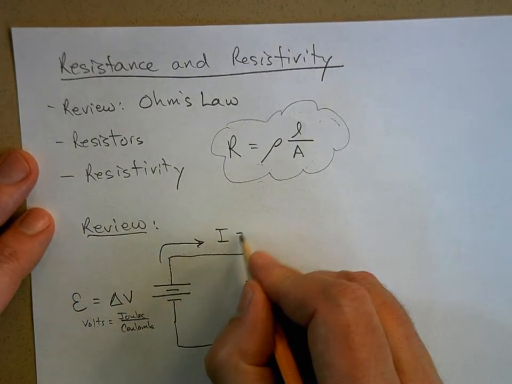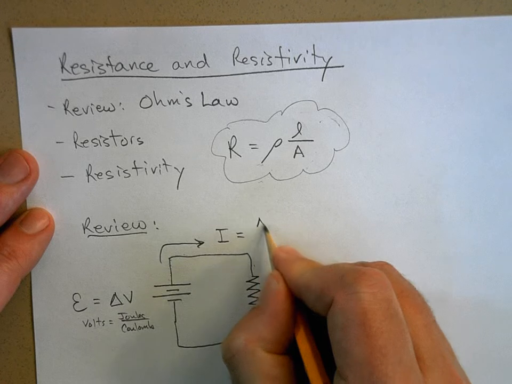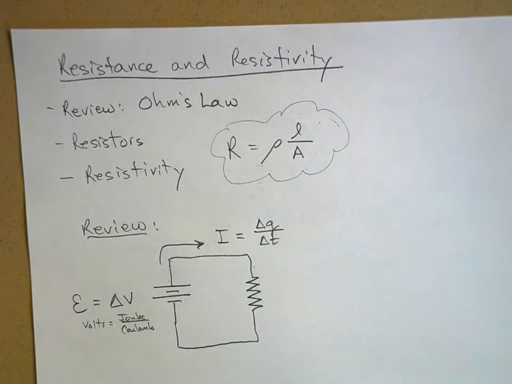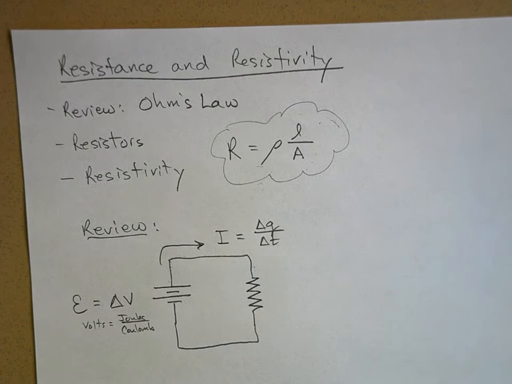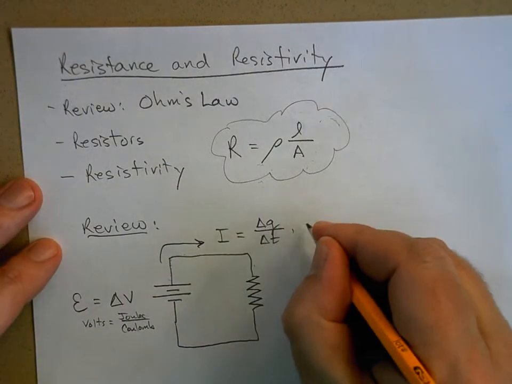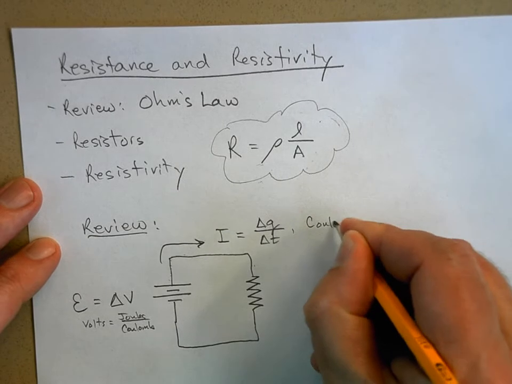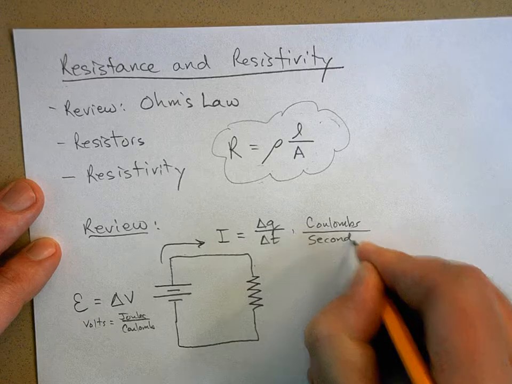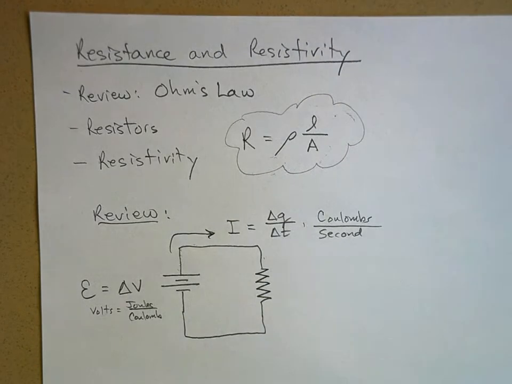And the current, well, that's the rate of change, delta Q over delta T. That's the rate at which charge is going by in that circuit. And of course, this is coulombs per second. And remember, a coulomb of charge is just a gigantic basket of charge. But if you have 1 amp, you have 1 coulomb of charge going by every second.